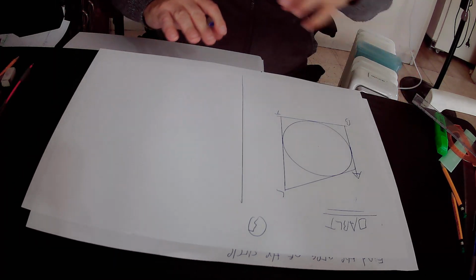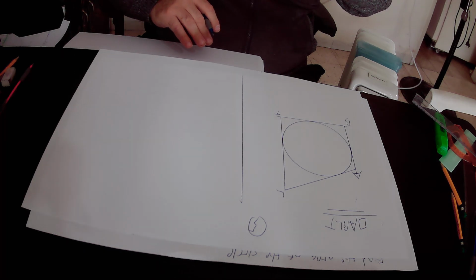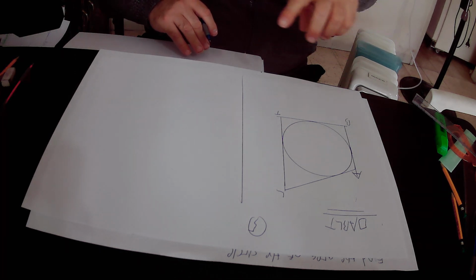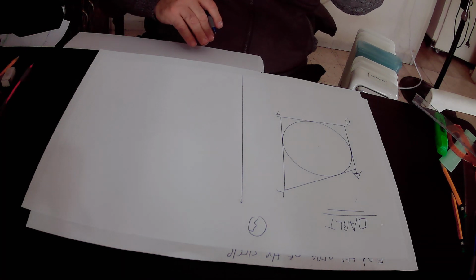So actually this is the small quadrilateral ABLT with the circle that is inscribed inside it, that I copied from the original drawing.